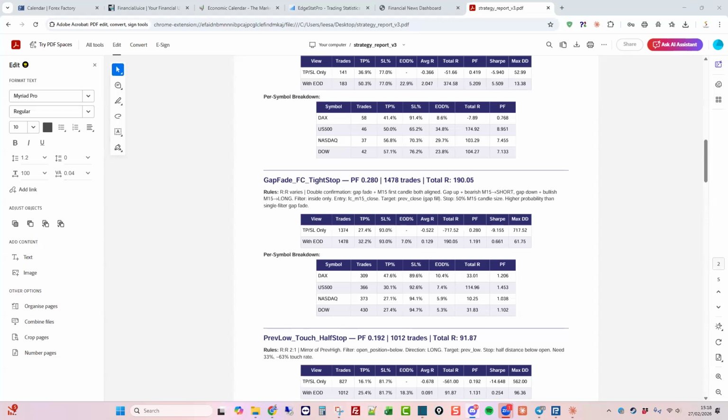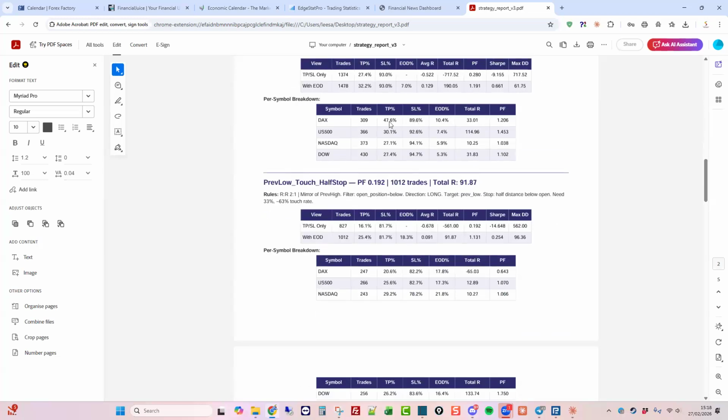So I can test them. I need to turn each on and off in the inputs. Maybe give me set files for each. Getting to build the EAs, it's quicker than asking the question. I can visually see what they're doing then. So yeah, but these are all coming out with positive R's.